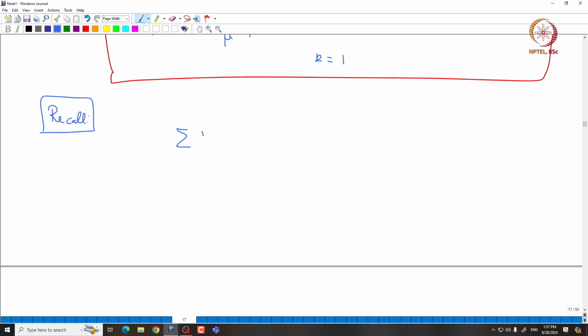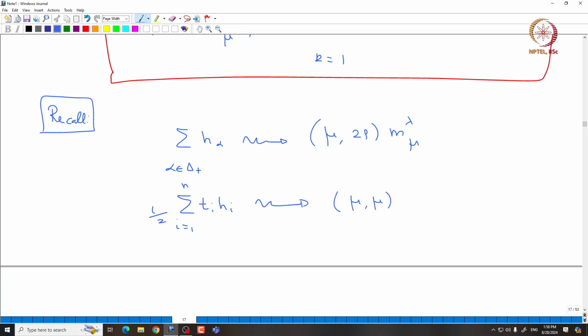So, summation over H_alpha, alpha in delta plus, is giving you (mu, 2 rho) times the multiplicity m_lambda(mu), and then summation t_i h_i, i ranging from 1 to n, gives us (mu, mu) times m_mu lambda.